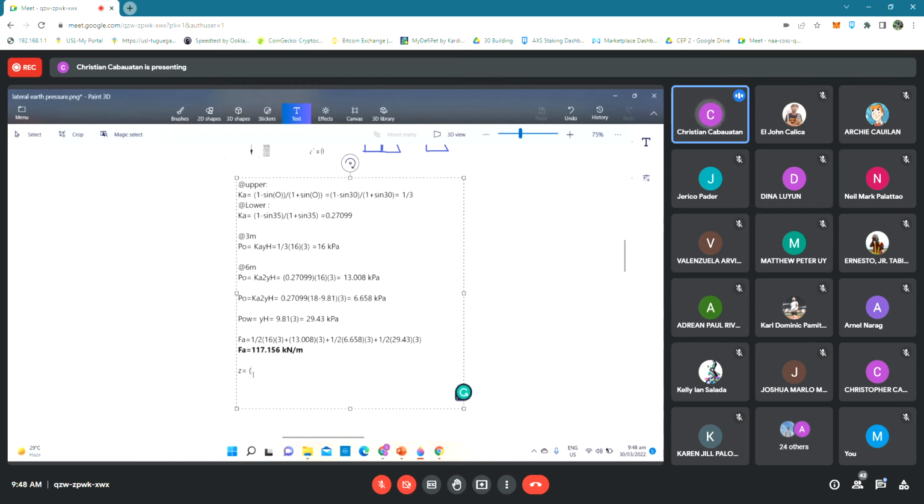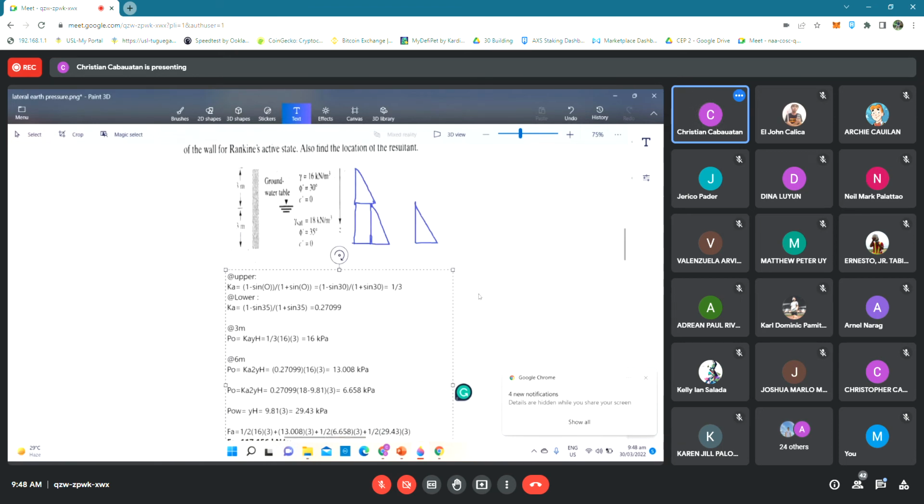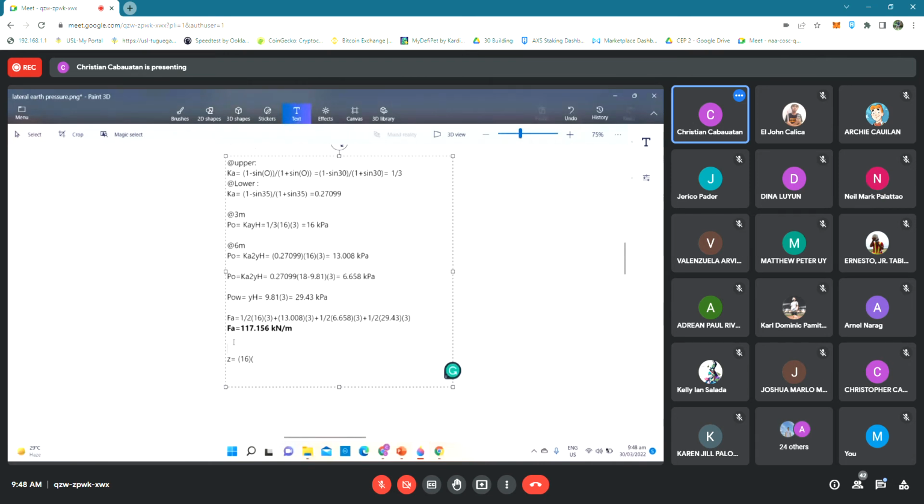Determine, z is equal to the first part would be your 16, your PO, times the moment arm, which is summation of moment at the bottom of your wall.